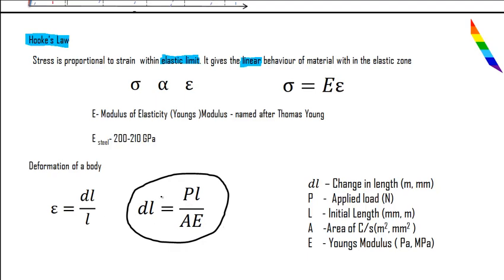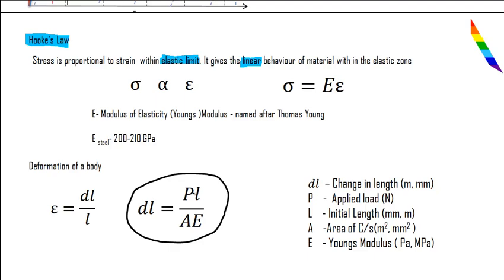How can you define this equation? It is very simple. It is the total deformation happening on a material of length L and cross-sectional area A with Young's modulus E when it is acted upon by a force P. In other words, when we apply a load P on a material with cross-sectional area A and length L, whose Young's modulus is E, then the total deformation happening on that material is dl.